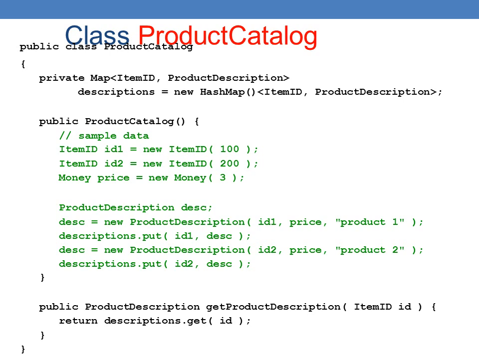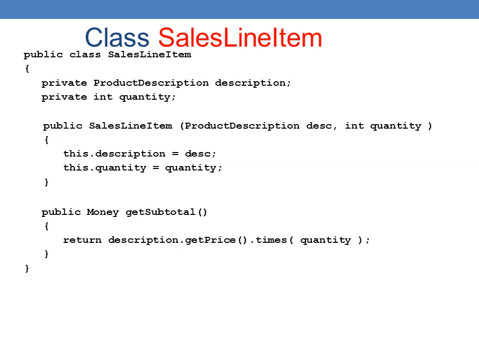Product catalog. Suppose we enter item ID equal to 100, item 2 equal to 200, price equal to 3, like that, it will be substituted in the particular constructor, each and every object. After calling the particular product description constructor, we work together. So finally, sales line item: product description, integer quantity.